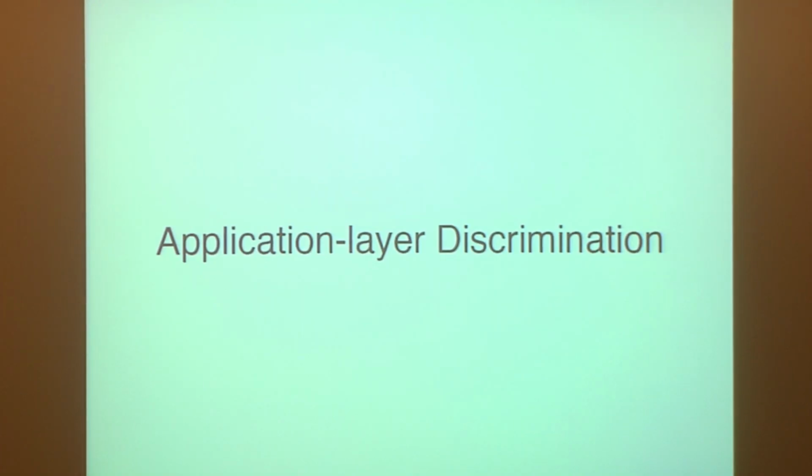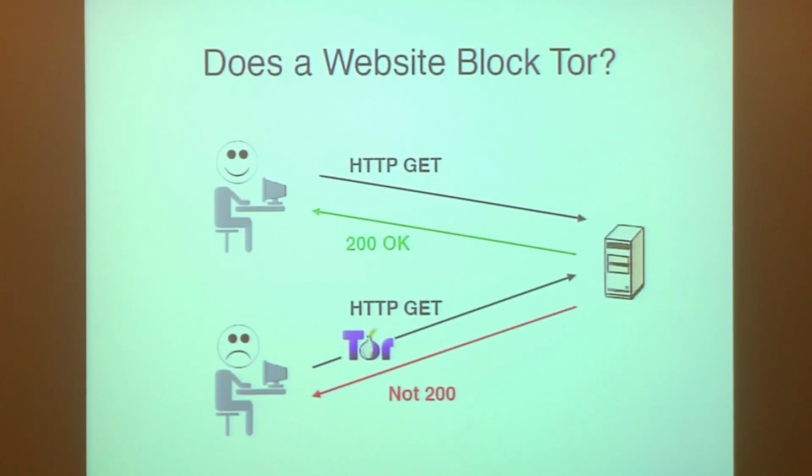Okay, so this is what differential treatment of Tor traffic looks like at the network layer. The other layer that we're going to look at, and perhaps the more interesting one, which drills down into the impact on Tor users, is the application layer discrimination that's going on. For this, and by we, I mean the students, set up some probing to contact web servers, both as a normal user not using Tor and as a user using Tor.